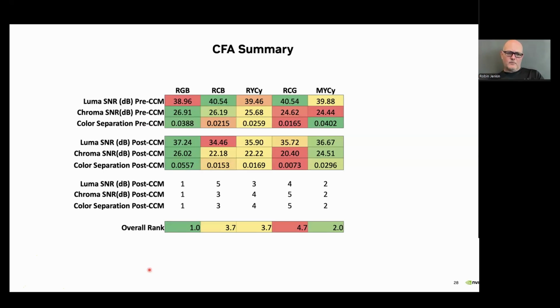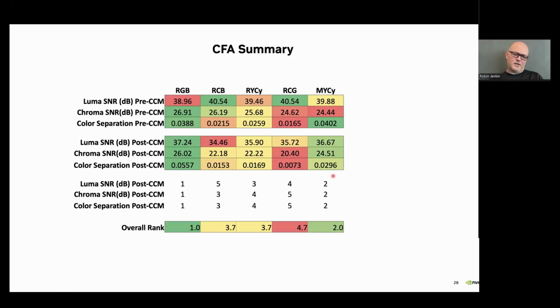So in summary, if we look at the pre-CCM metrics, luma SNR, chroma SNR, and color separation, it would tend to suggest that RCB is a good candidate. As soon as you start to color correct and want to twist and gain up those signals to make real color out of them, RGB comes out ahead, with MYCY closely following.